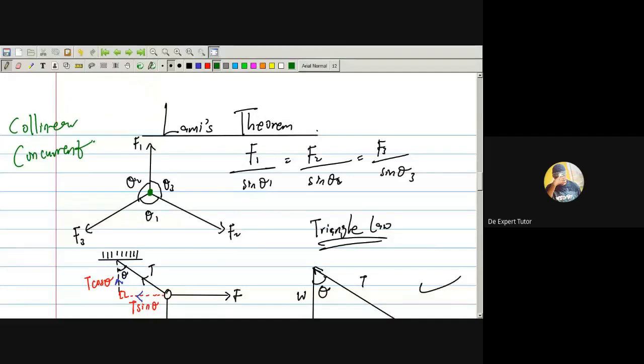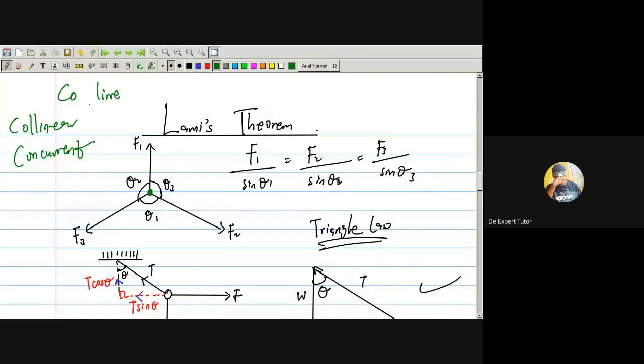What do we have in the word collinear? If I say forces are collinear, what does it mean? Break the word down: co and line.